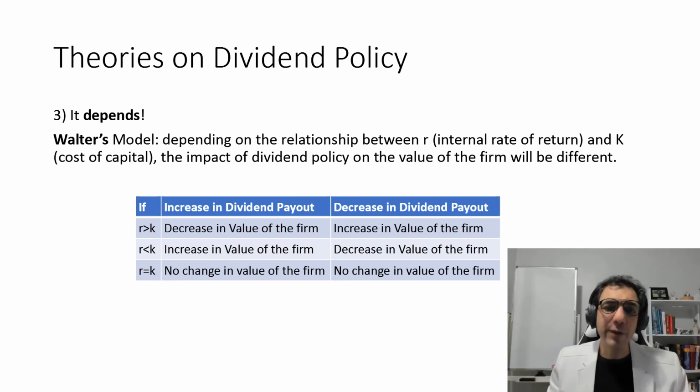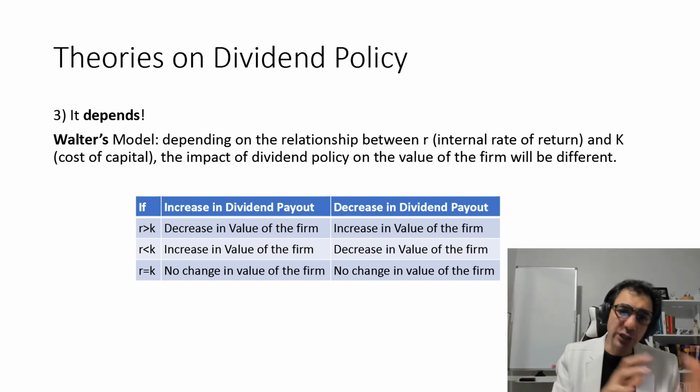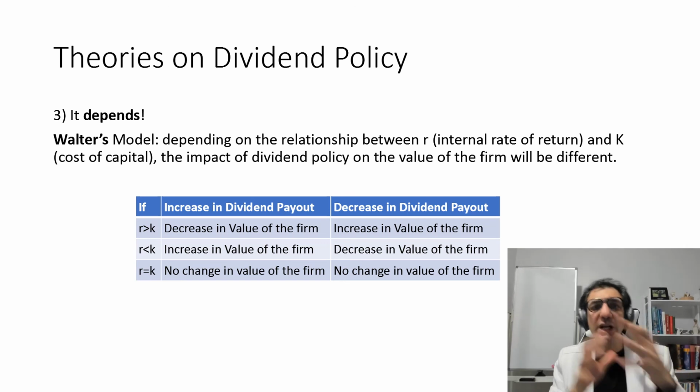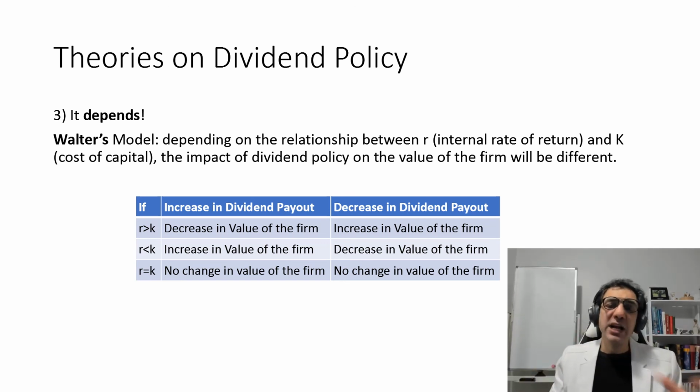One of the most famous ones is Walter's model. Prof. James Walter argued that depending on the relationship between R, the internal rate of return, and the cost of capital K, the impact of dividend policy on the value of the firm will be different. Now, there are three possible scenarios.